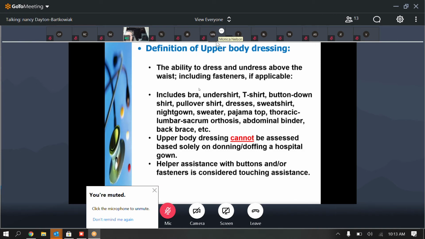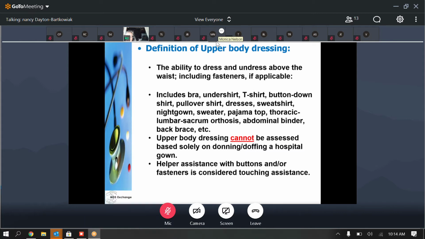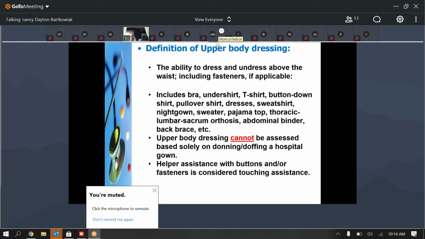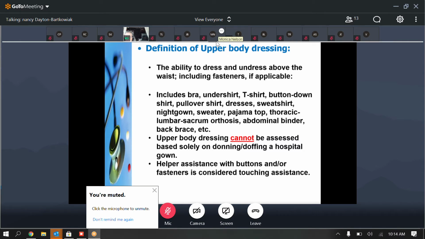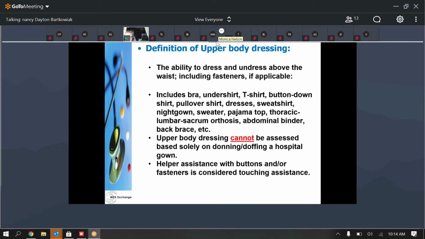Upper body dressing. This is the ability to dress and undress above the waist, including fasteners if applicable. This includes bras, undershirt, t-shirt, button-down shirt, pullover shirts, dresses, sweatshirts, nightgowns, sweaters, pajama tops, thoracic lumbar sacrum orthosis, abdominal binder, and back brace.